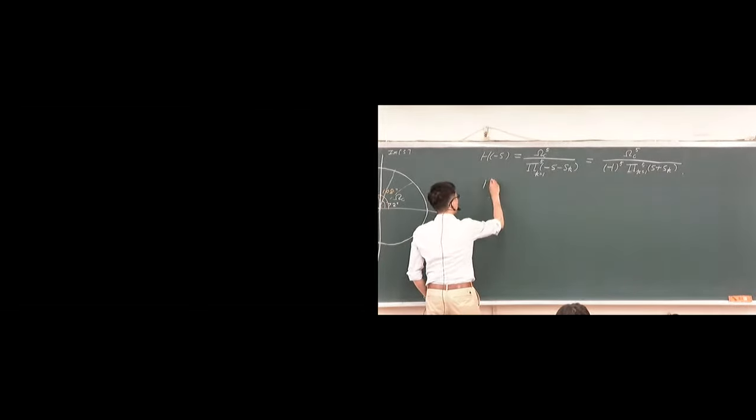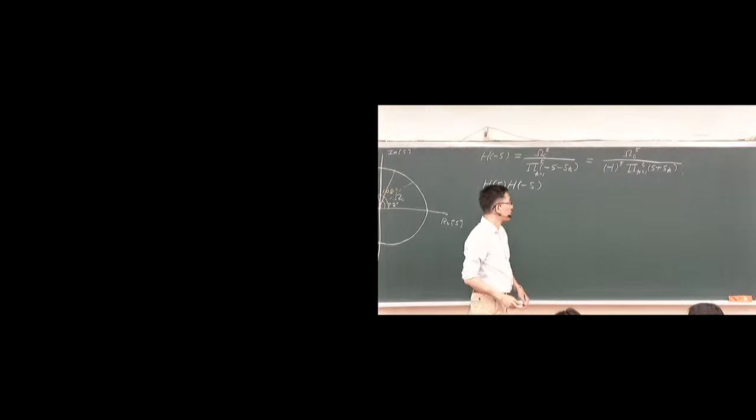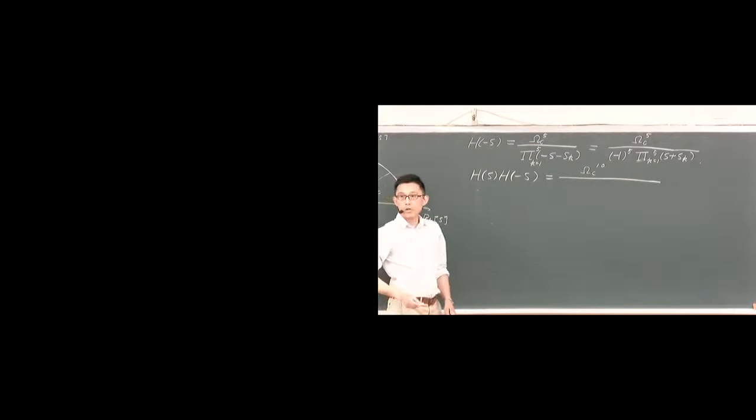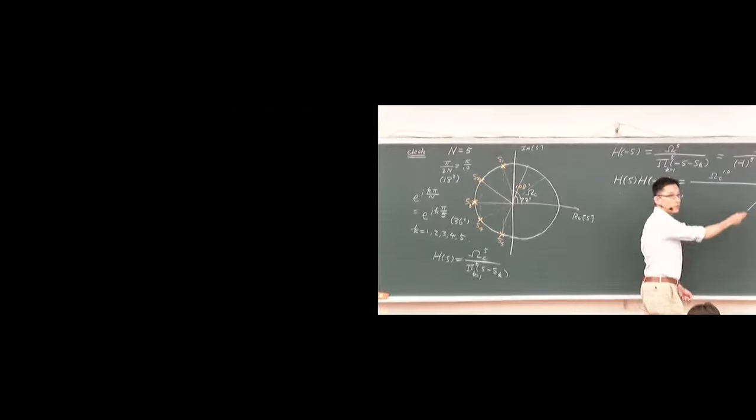And the next step is let's consider the product of H of s with H of minus s. Now we have omega c to the 10th power on top, since the top multiplies. Now how about the bottom part? Here the bottom part is s minus sk, and there it is s plus sk.